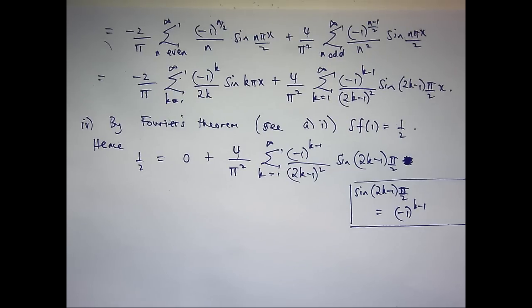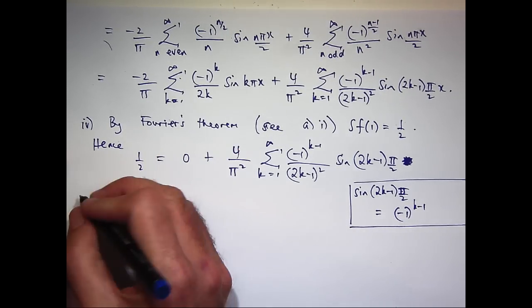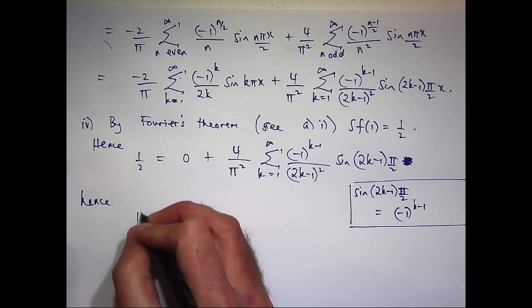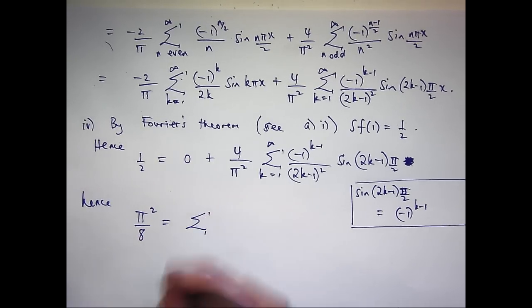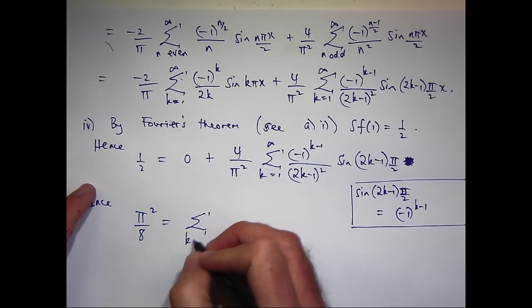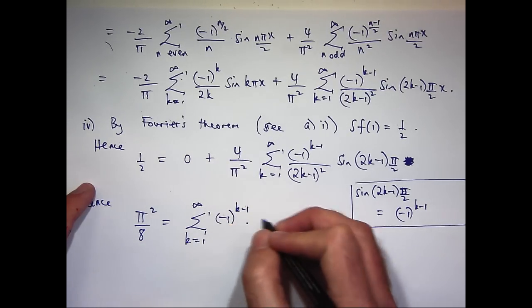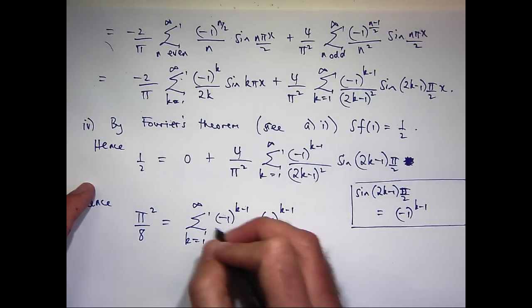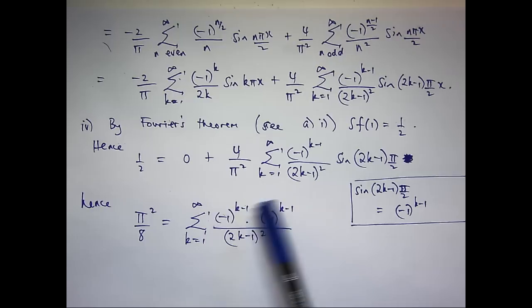So now what this means is, let's take this pi squared to the other side, take this 4 to the other side. What do I get? Pi squared on 8, and what's the top bit going to be?